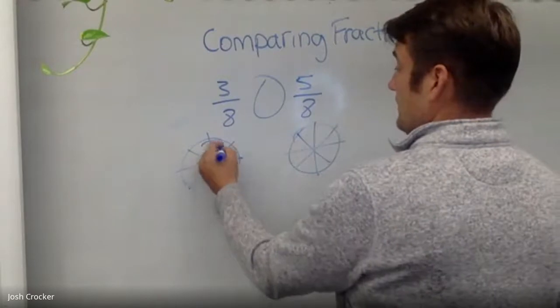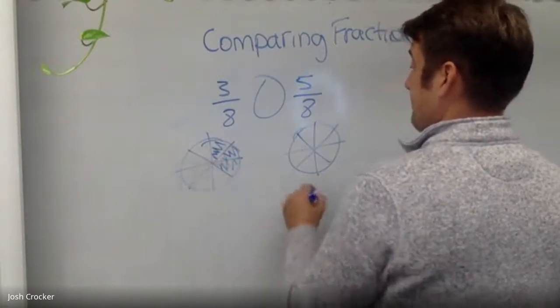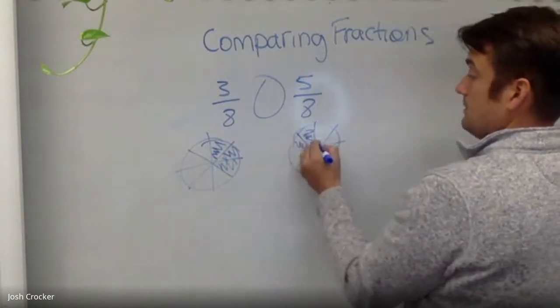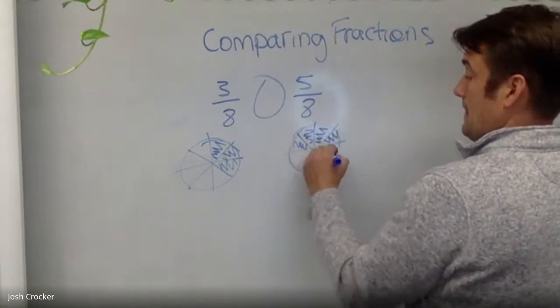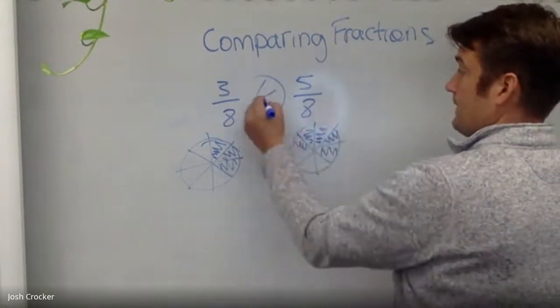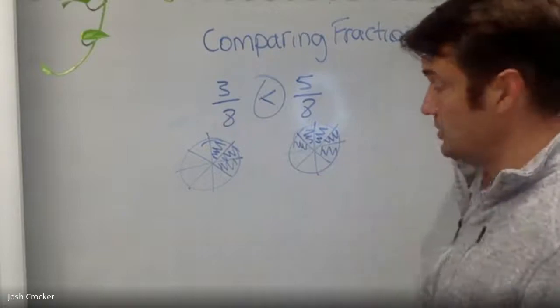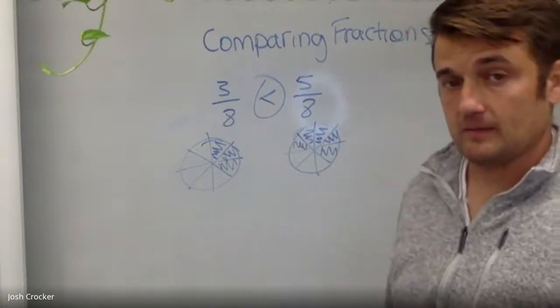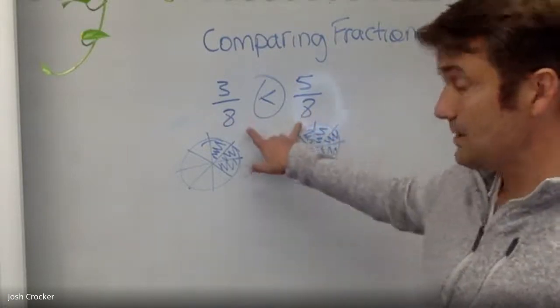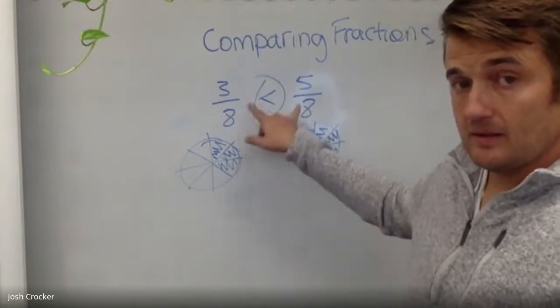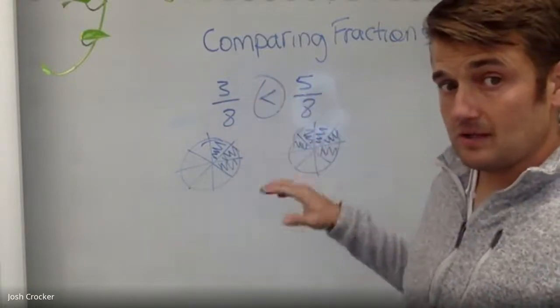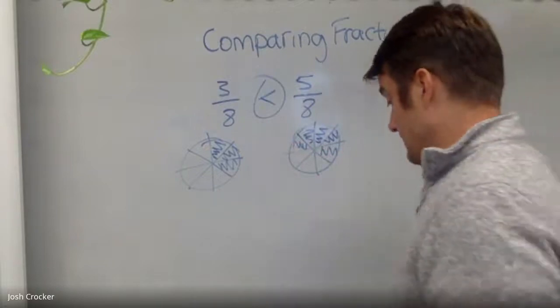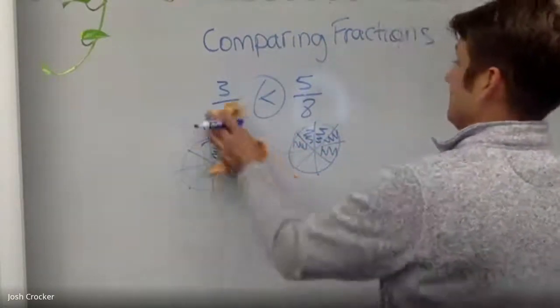This has 3 out of 8. This has 5 out of 8. That would be greater. It has more shaded area. Okay, so when they have the same denominator, you can just look at the numerators and see which one has more.